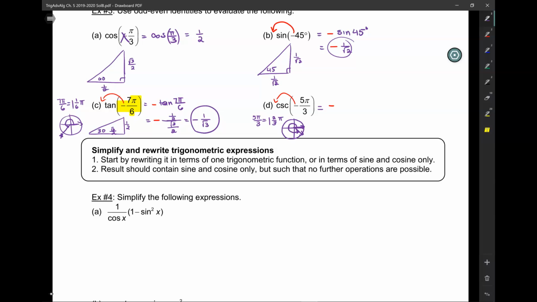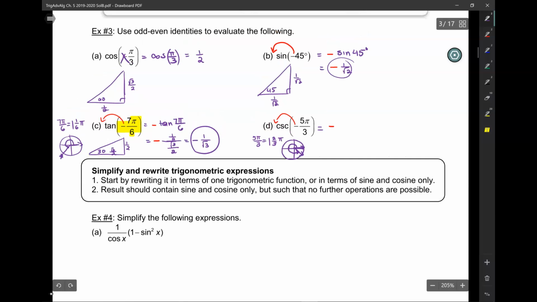Okay, so now I'm in the fourth quadrant. Now, pi over 3, which triangle is that? The 60 degrees. Look, I've already drawn one there. I don't need to reinvent the wheel, so I'm just going to use that one. Okay, so that's cosecant. And we just said that it's in quadrant 4, right? In quadrant 4, is cosecant positive or negative?